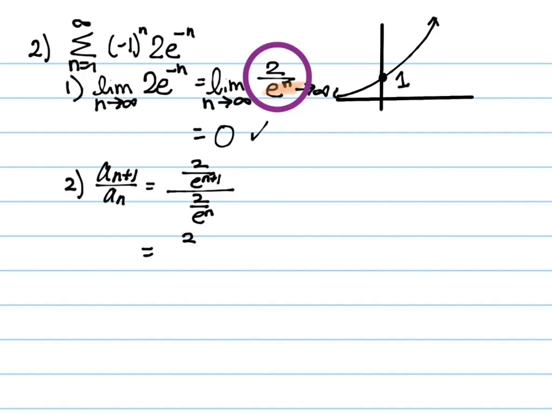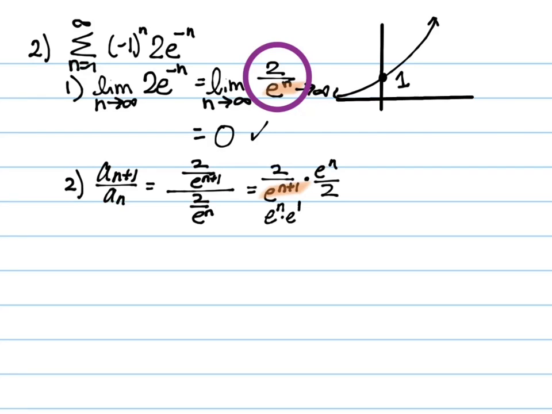So this would be 2 over, in fact, let me do it over here for the moment and clean it up, a little bit of space here. So I have 2 over e to the n plus 1. My bad. And I would be multiplying that by the reciprocal, which would be e to the n over 2. Now taking a look at this, remembering properties of exponents, this is actually the same as e to the n times e to the 1.